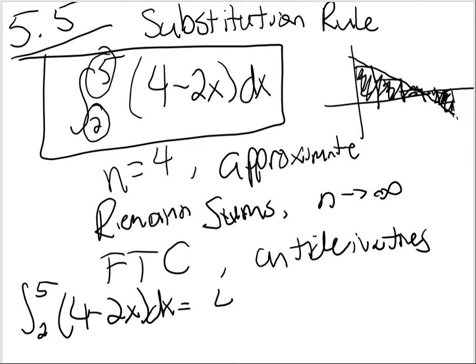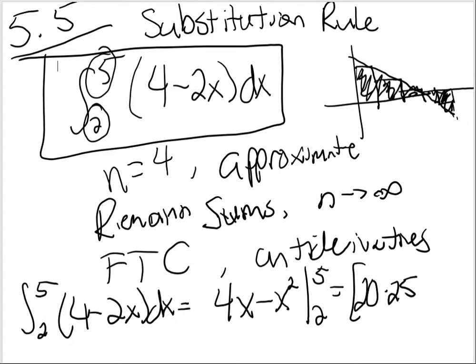Well, an antiderivative for this one would be 4x minus x squared, and you have to evaluate it at 5 and then subtract evaluating it at 2. So that would be 20 minus 25, minus, plugging in 2, 8 minus 4, which will give you a number. Okay, so that's where we are as of now.